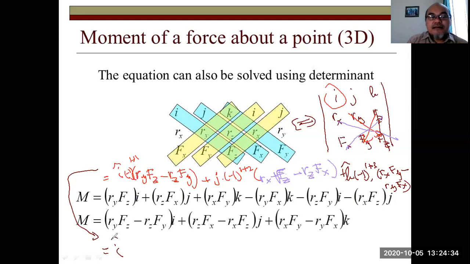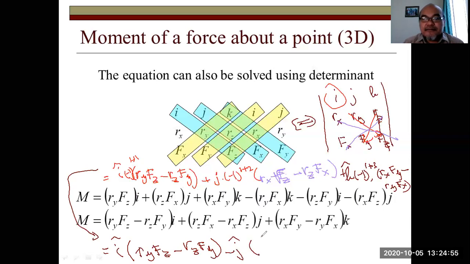So from here we obtain: i times minus 1 to the power of 1 plus 1, which equals 1, so it stays positive, Ry Fz minus Rz Fy. Then j multiplied by minus 1 to the power of 1 plus 2, minus 1 to the power of 3 equals negative, so this becomes minus j, Rx Fz minus Rz Fx.